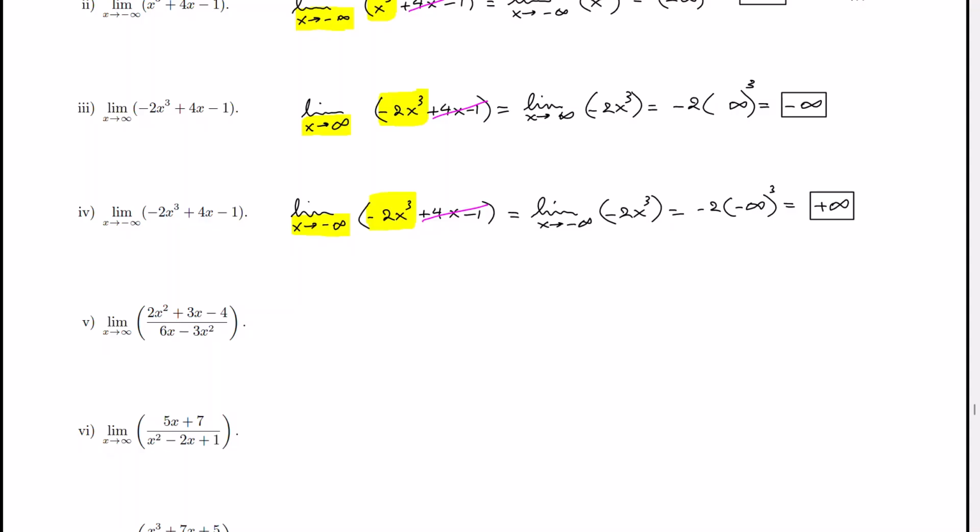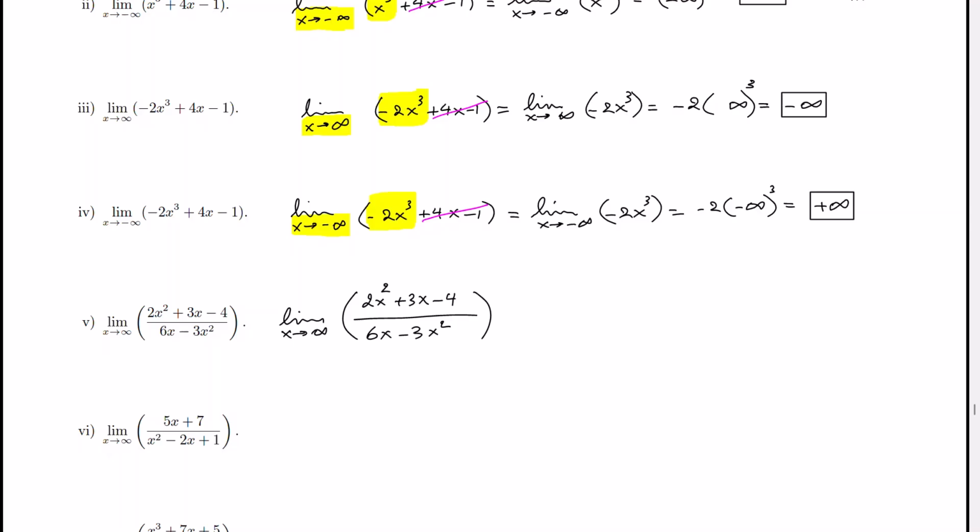Okay, the next one, we have the limit as x goes to infinity, and we have a numerator and a denominator. So this is going to be much more interesting. We have the numerator 2x squared plus 3x minus 4, all divided by 6x minus 3x squared. According to the rules that we've mentioned, we are going to ignore everything except the leading term.